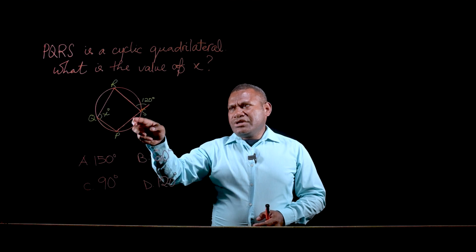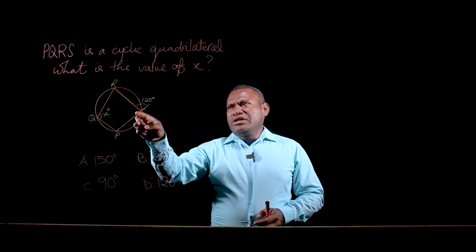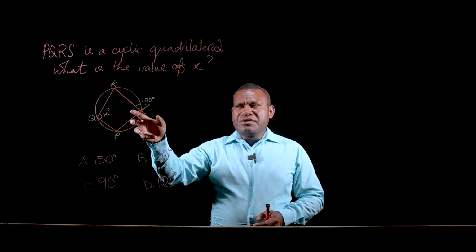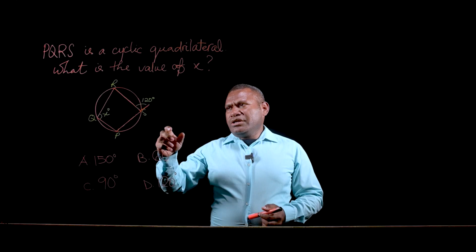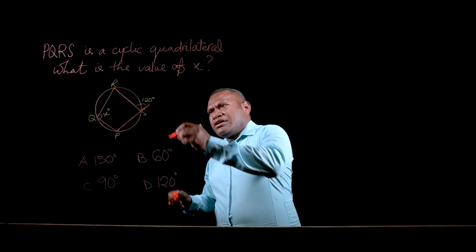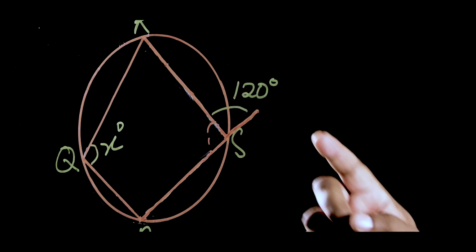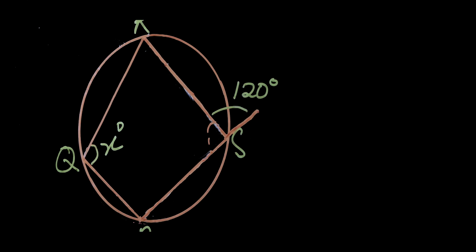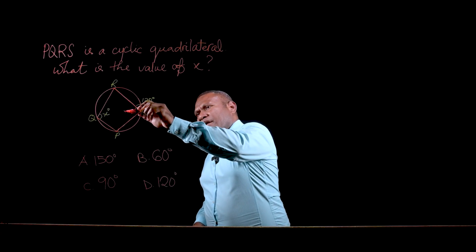Right, so this is a straight line. If this is a straight line, then this angle here with this will be supplementary, meaning they will add to 180. So we know in order to find x, we have to find or establish this angle here. If this is 120, let's say we call this y.